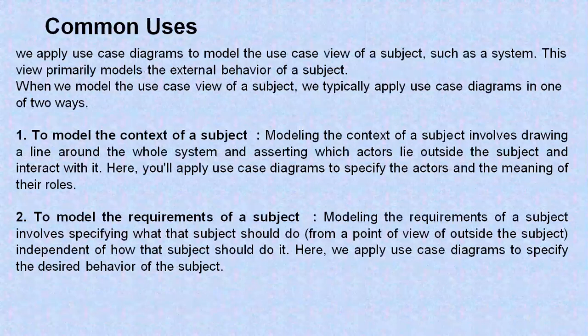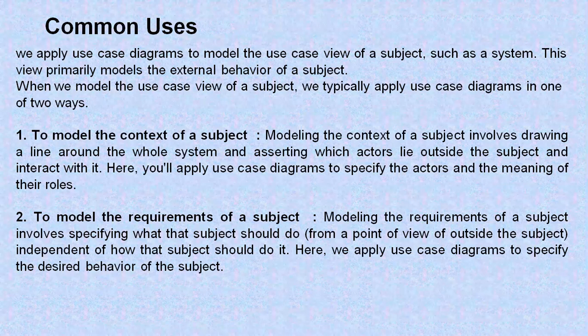Now let us see the common uses. We apply use case diagrams to model the use case view of a subject such as a system. This view primarily models the external behavior of a subject. When we model the use case view of a subject, we typically apply use case diagrams in one of two ways.